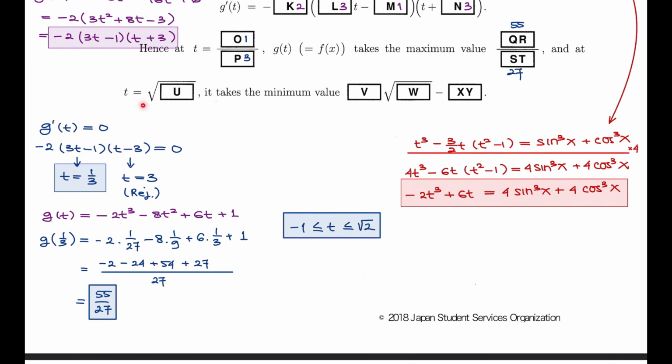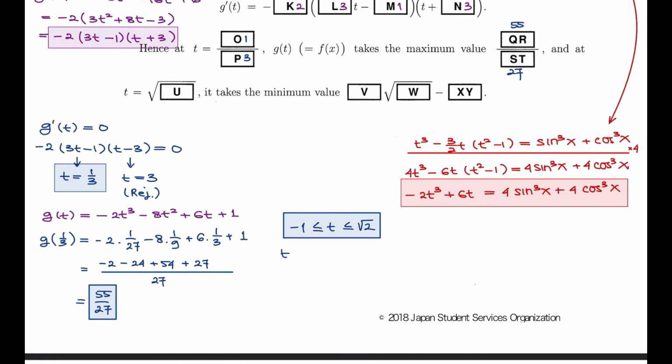So since they already write square root here, I'm pretty sure that the minimum value will be obtained at t equals to square root of 2 instead of negative 1. Because of the form with square roots here. So I will not waste time.